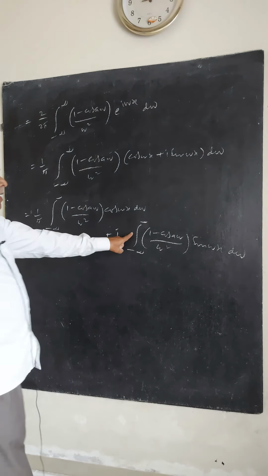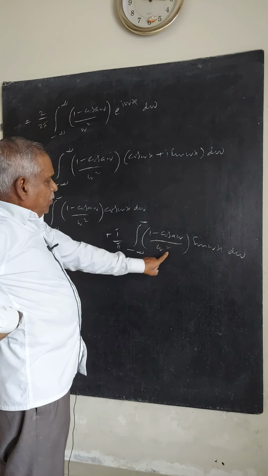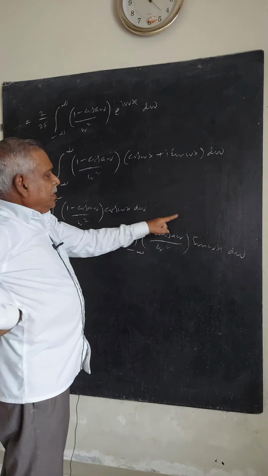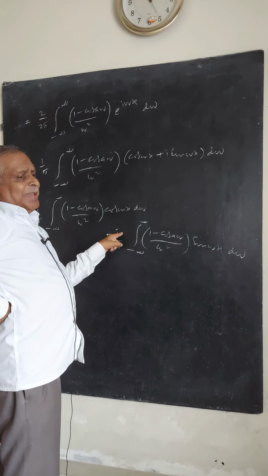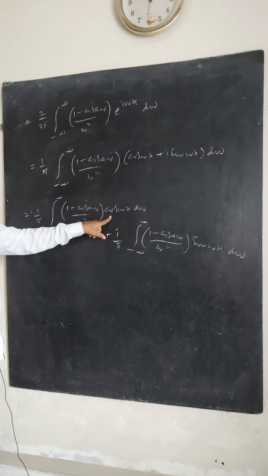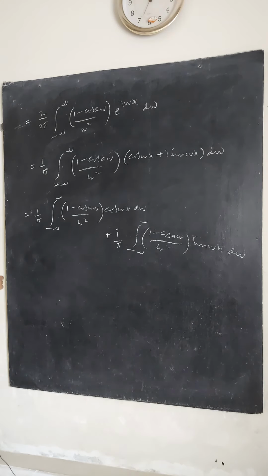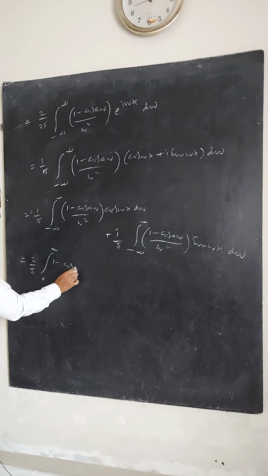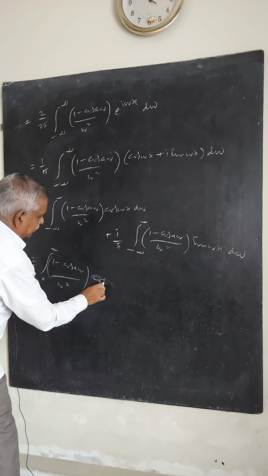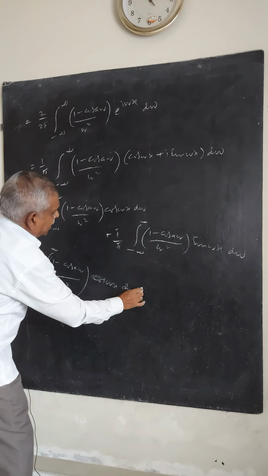See, this is the second integral. Cos negative won't give a change; this negative whole square is positive. Sin only gives negative. We are integrating with respect to omega. Therefore, this is an odd function, we know already, imaginary parts are odd functions and will become 0. This is unchanged, cos won't give a negative. Therefore, it is an even function. Therefore, twice of 1 by pi, 0 to infinity, (1 minus cos a omega) by omega square cos omega x d omega, plus 0.